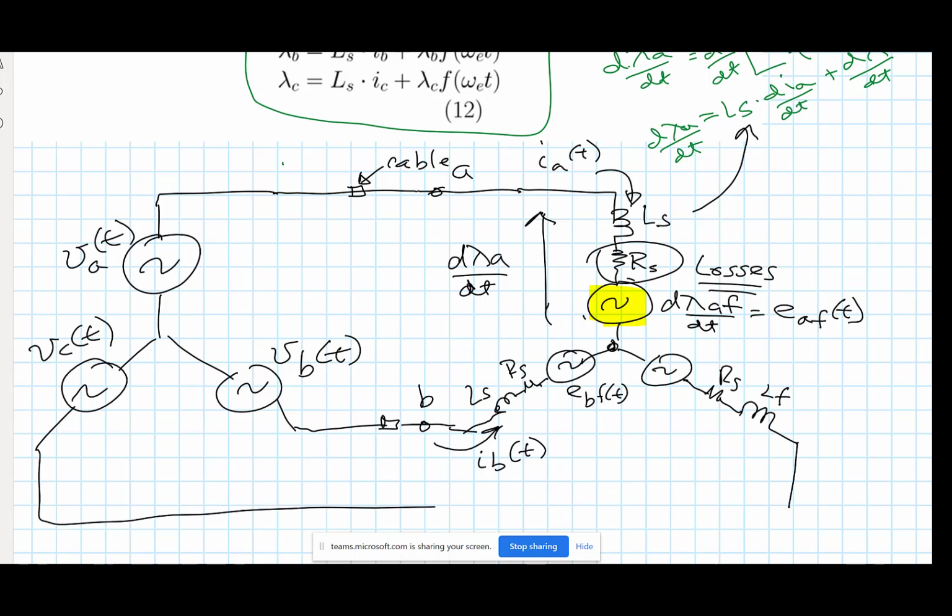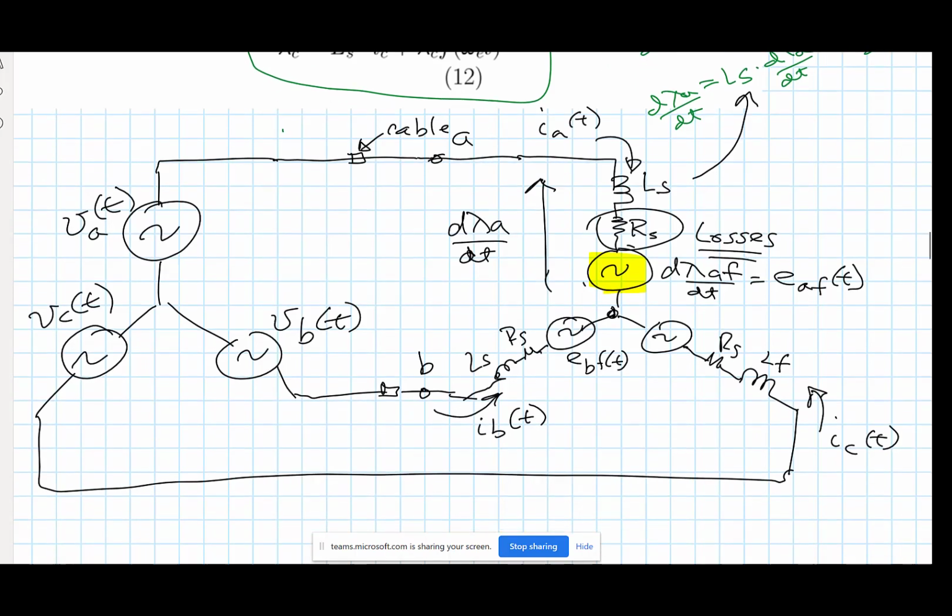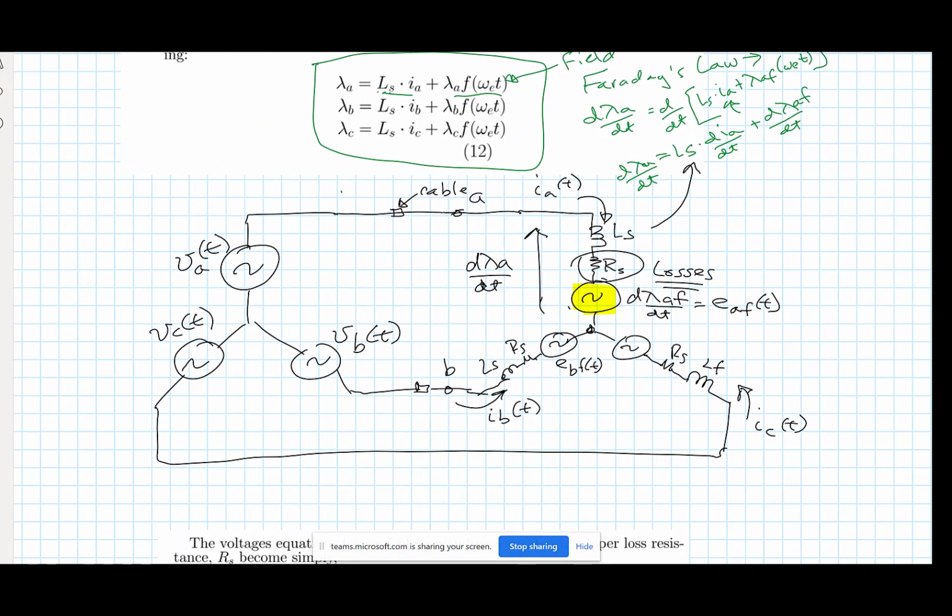And then connecting it up to the third phase, there's a current coming in here, which is IC of t. So what I have is a three-phase, identical phases. They have a different current, and they have a different EMF. So this is your EMF, electromotive force, only different by a 120 degrees phase displacement.